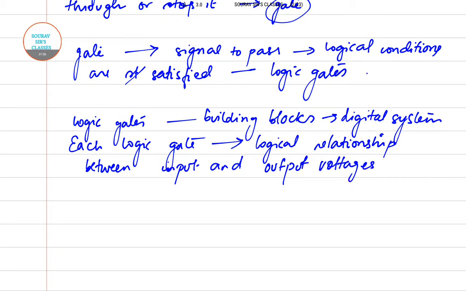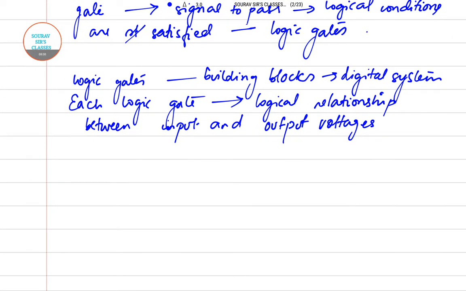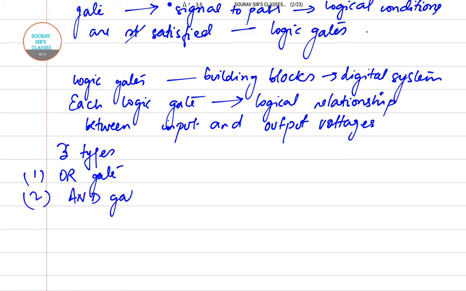Basically there are three types of logic gates generally which we should study. The first one is the OR gate, the second is the AND gate, and the last one is the NOT gate.